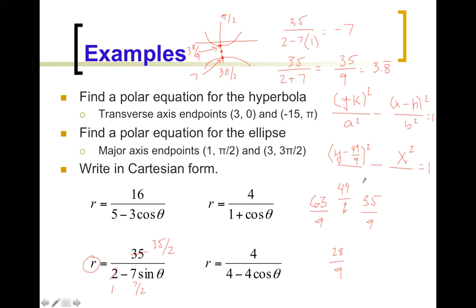Now I got to figure out A, B, and C. Well, oh man, these are getting ugly. A is the distance from center to vertex. Well, I just figured that out. A is the center to vertex. Oops, sorry, not 28, but half of that, 14. 14 over 9. So that's A. That's the distance from that center point to either of these points.